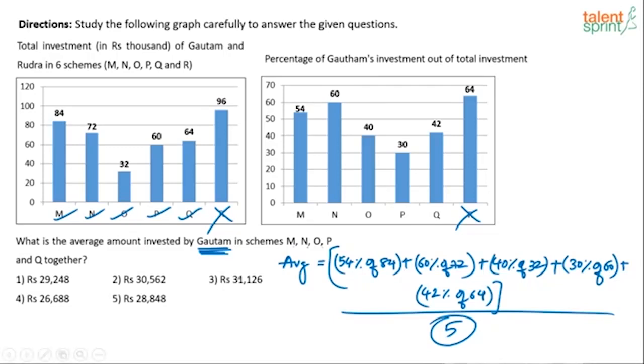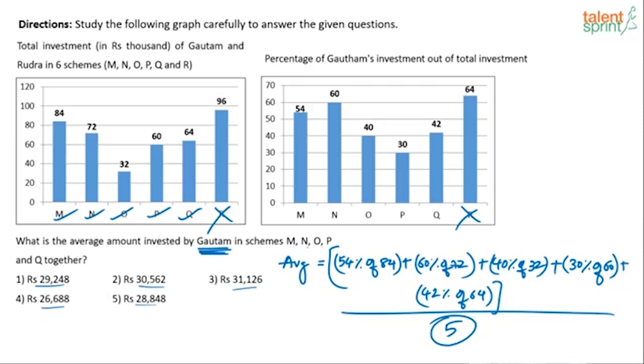There's no shortcut. We can maybe try approximate calculations, because this is 29,000, 26,000. This is also close to 29,000. This is 30,500, 31,000. Maybe that can be tried, or maybe you want to try the unit digit method.